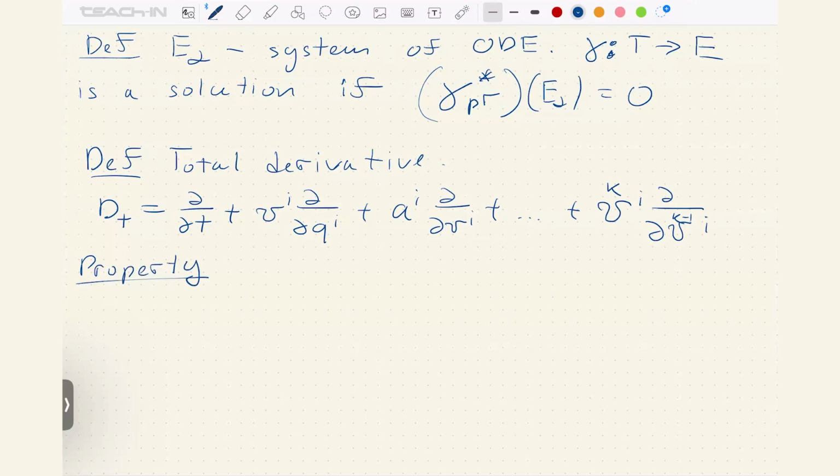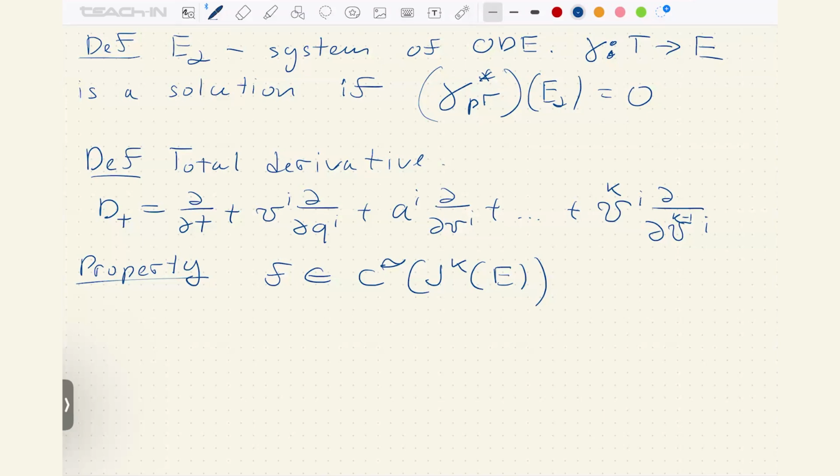If you have a function f on the jet bundle, it's important, though not for now, that this function should not depend on the highest derivative, otherwise there can be a problem.